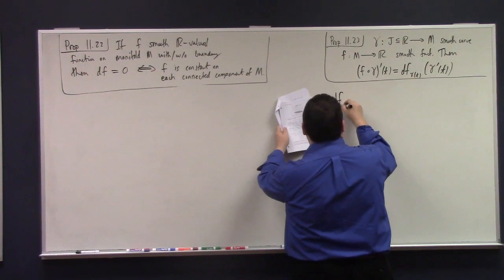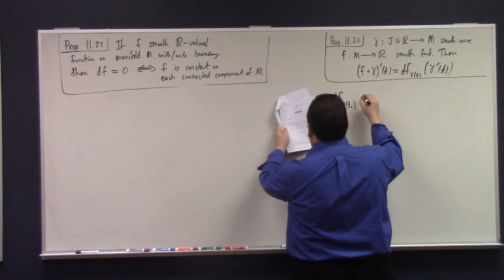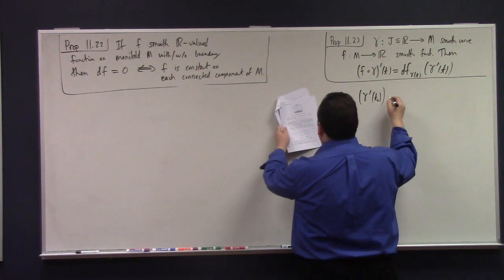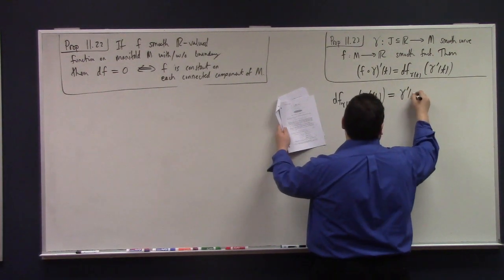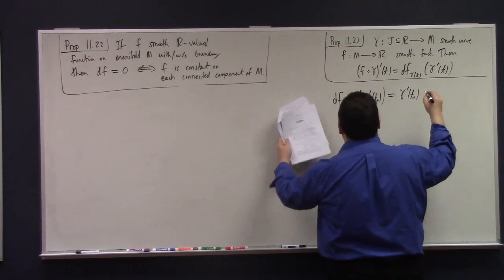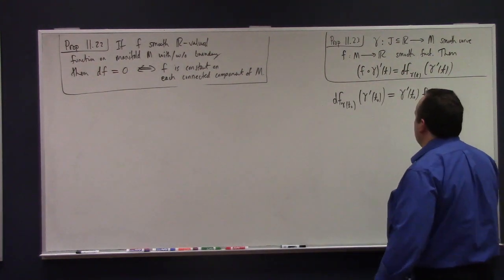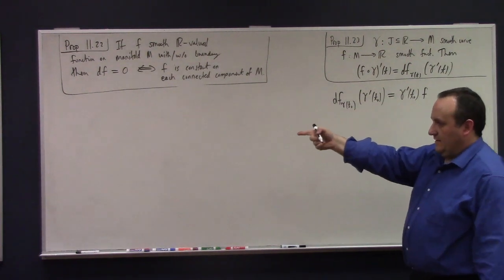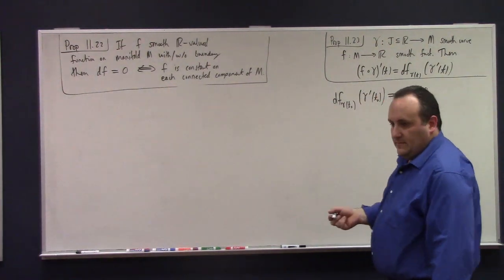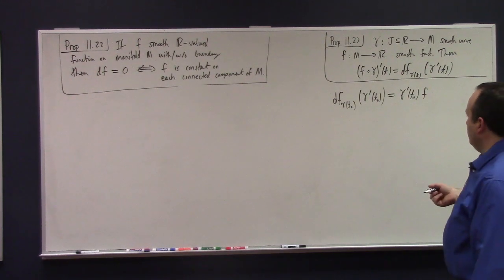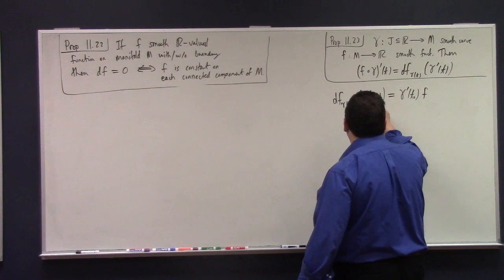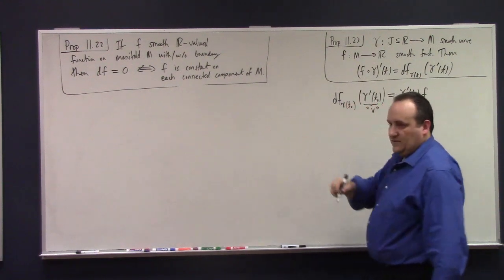So we've got df at gamma of t naught acting on gamma prime of t naught. That, by definition, is gamma prime of t naught, a derivation, acting on f. That's just this definition.